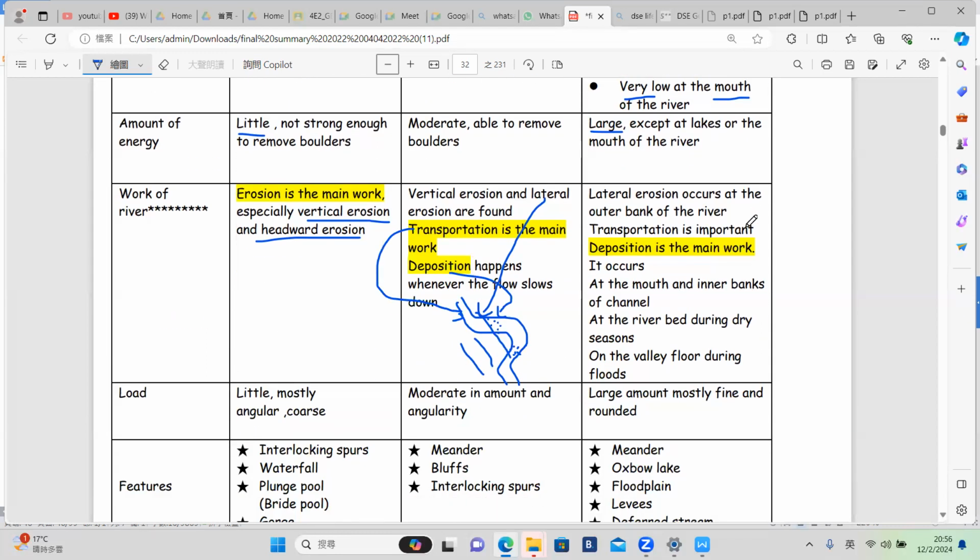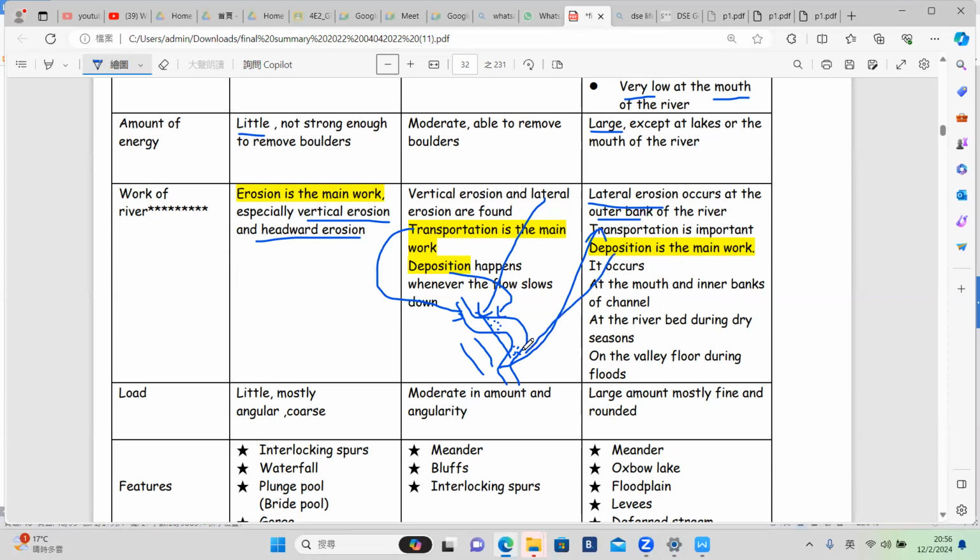Okay, in the lower course, lateral erosion occurs especially at the outer bank of the river, just like here. Okay, the outer bank is here. Okay, transportation is more important. Deposition is the main work.